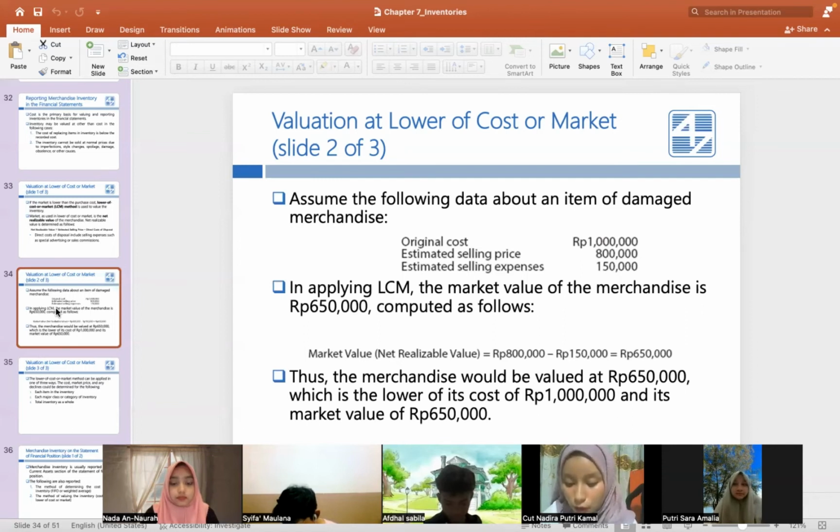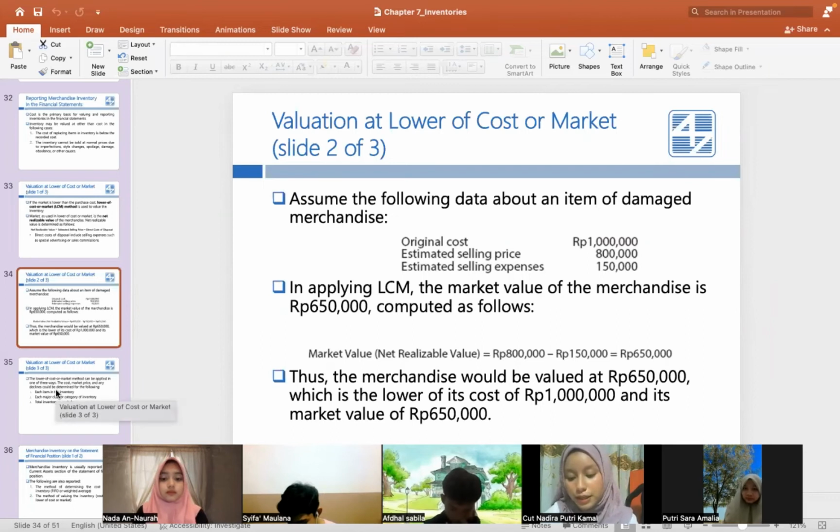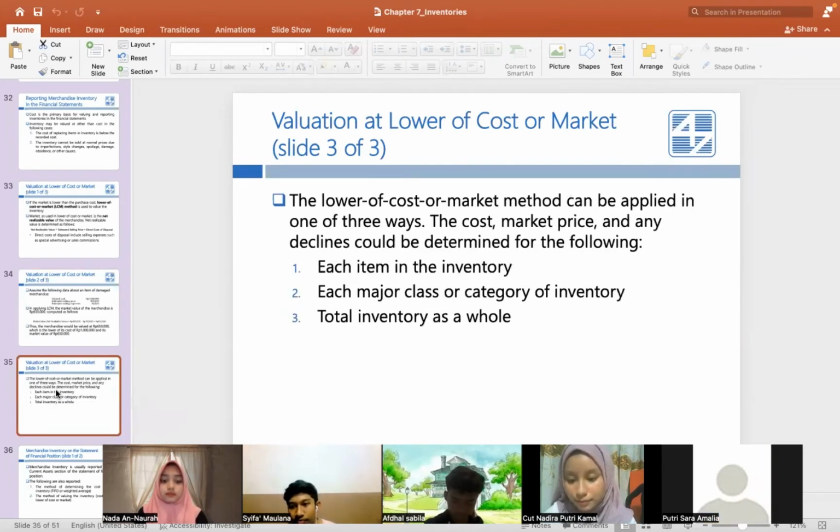Market value or net realizable value equals 800,000 rupiah minus 150,000 rupiah equals 650,000 rupiah. Thus, the merchandise would be valued at 650,000 rupiah, which is the lower of its cost of 1 million rupiah and its market value of 650,000 rupiah. Next slide.